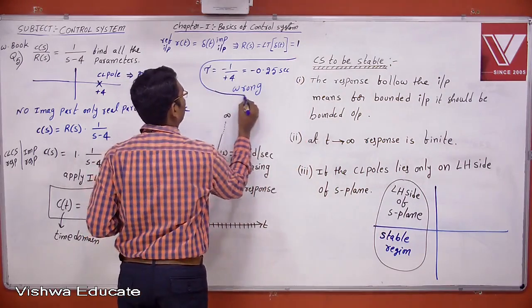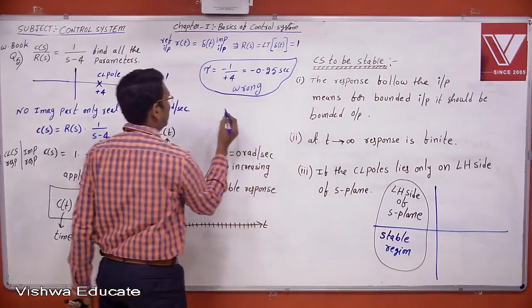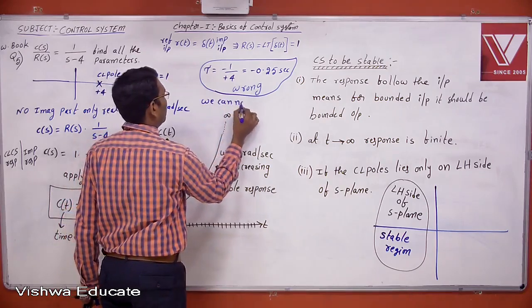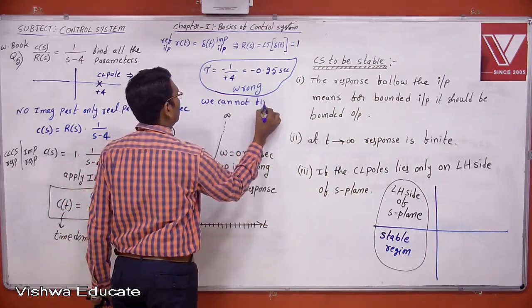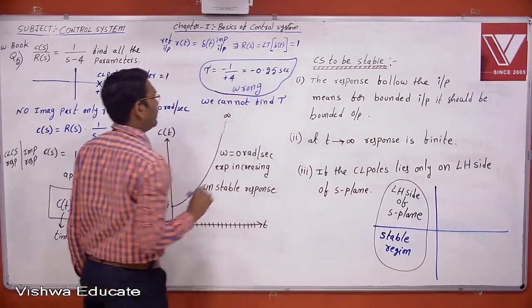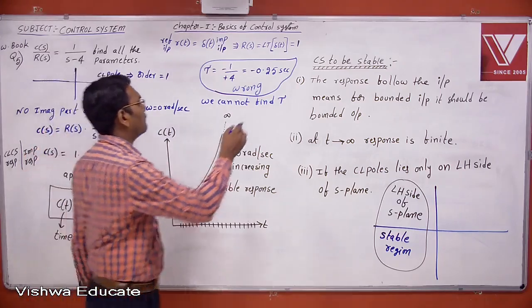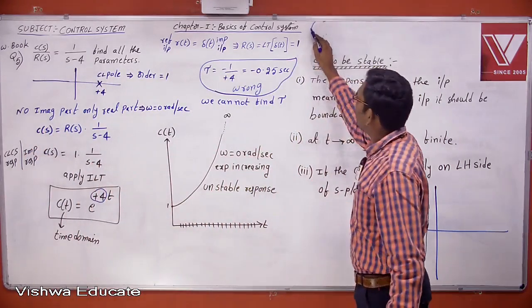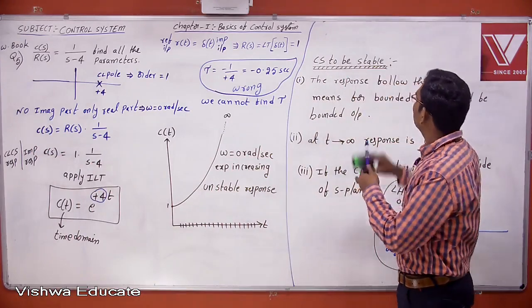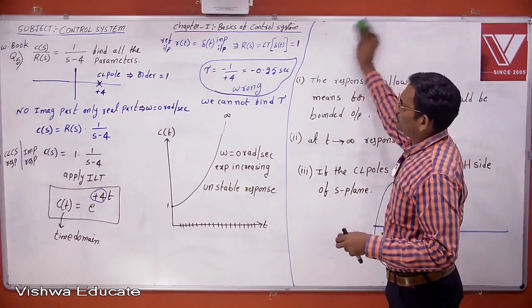This is wrong. Anyway, you take this one also. We cannot find the time constant. Take this part.